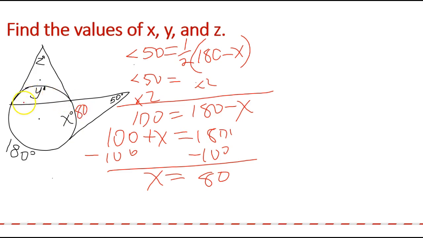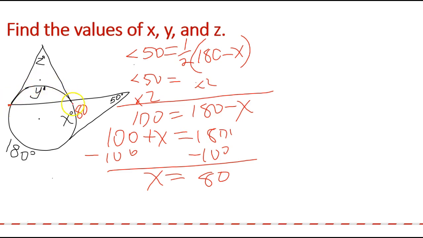If x is 80 there, what would y be? Well, we know that starting from here, from that point up to here is 180, and 180 plus 80 is 260. So from here up to here is 260, and the whole circle is 360.